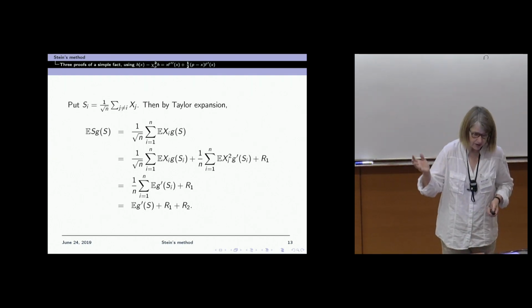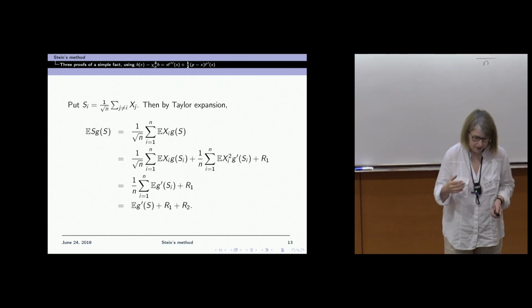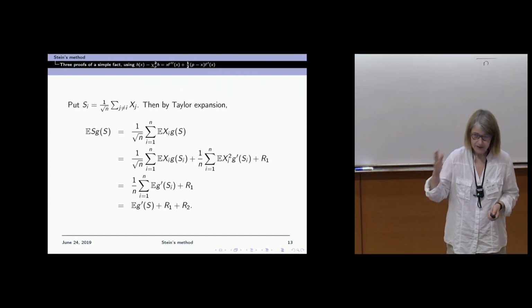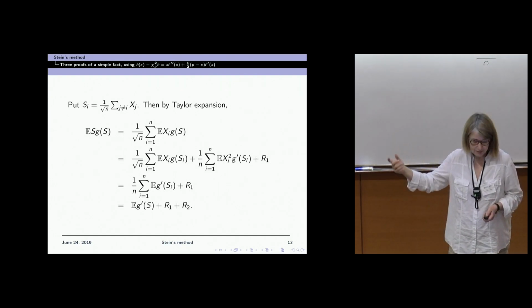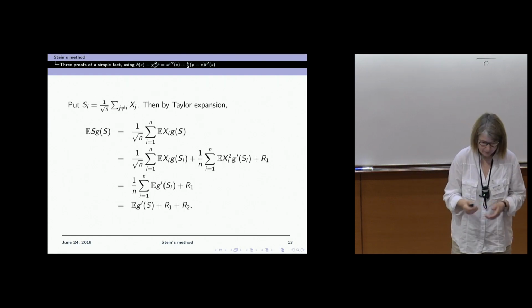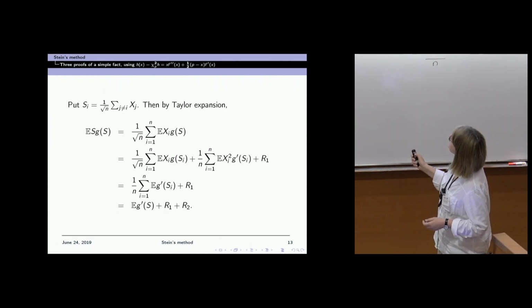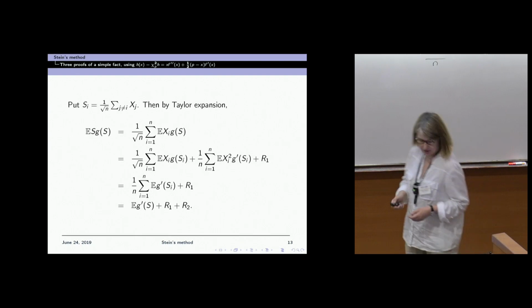And so, like in the normal, we use Taylor expansion, we expand around xi, so we take xi out of the sum, then the sum si is independent of xi. So we first write down g of s, take out si, we have a remainder term, and this one is expectation g prime of s plus two remainder terms.